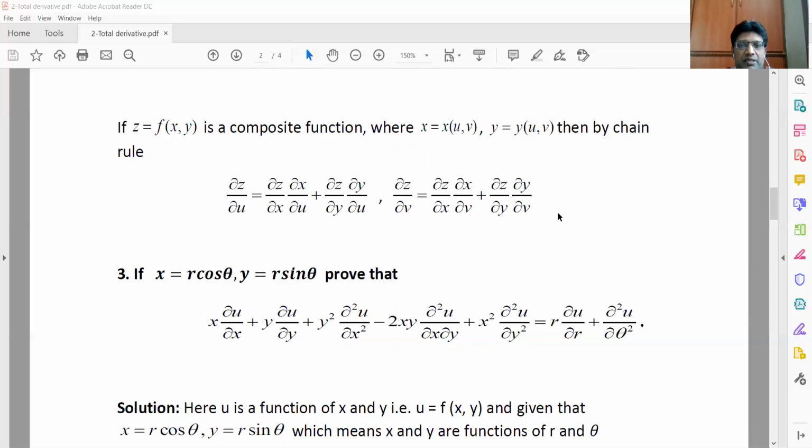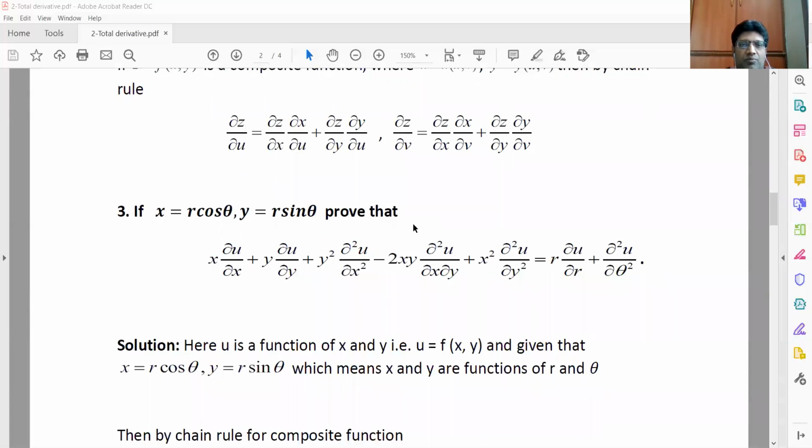The same rule is extended here. Earlier x and y are functions of a single variable. Now they are functions of two variables. That is the only difference. So because of this, there is no question of getting an ordinary derivative anywhere, because every time it is depending on more than one variable. Therefore, the partial derivative will completely come into the picture, right?